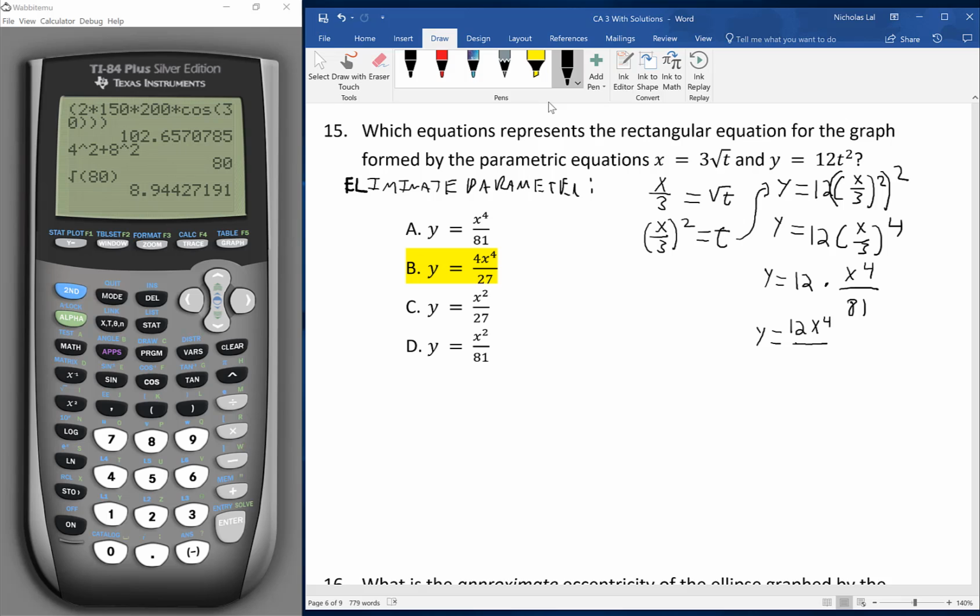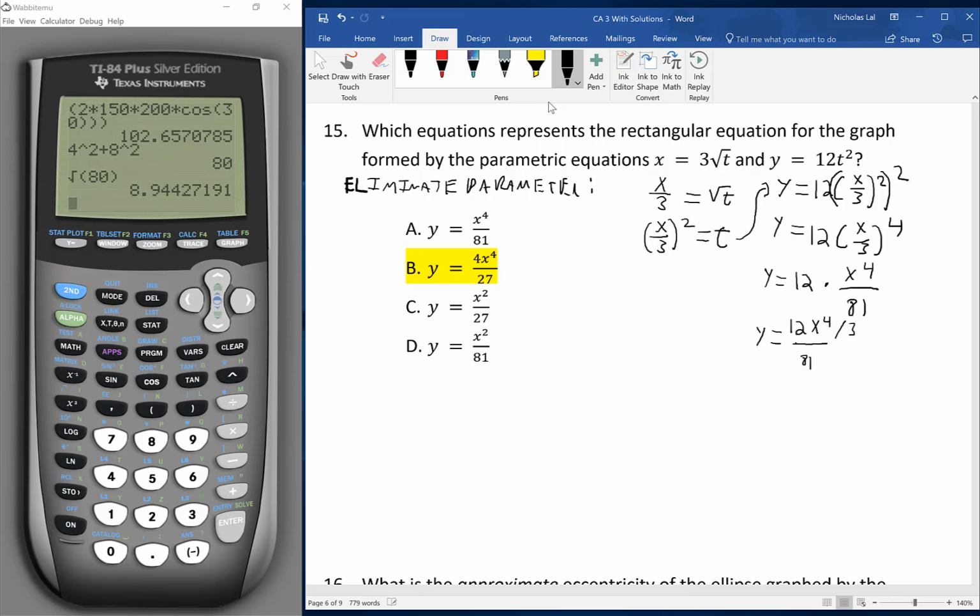I'm sorry. Let's see, this x over 3 squared is equal to t. And so then one last step is that I can divide each side by 3.